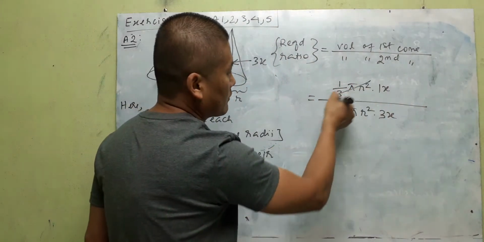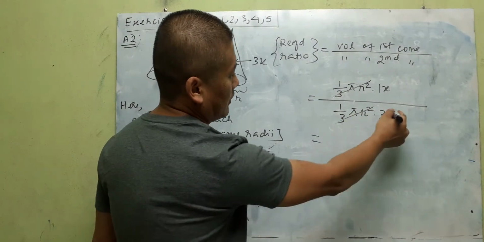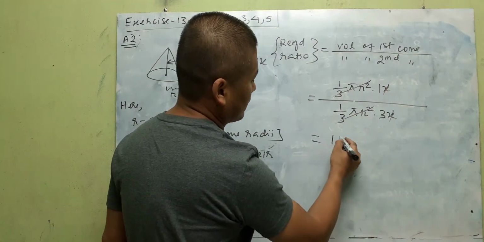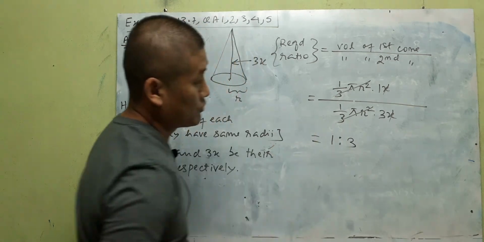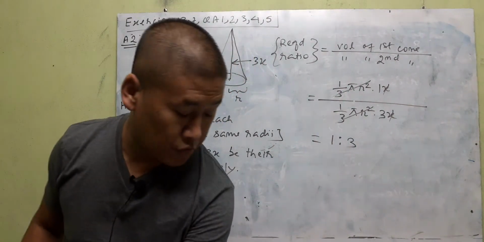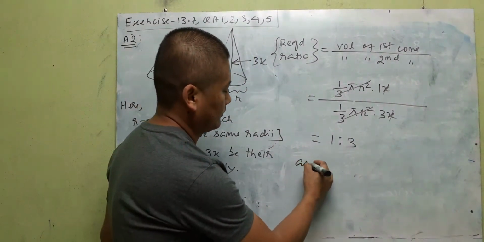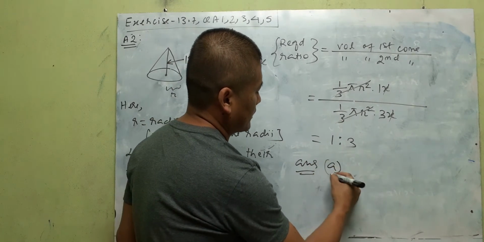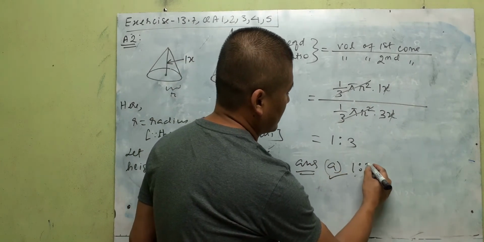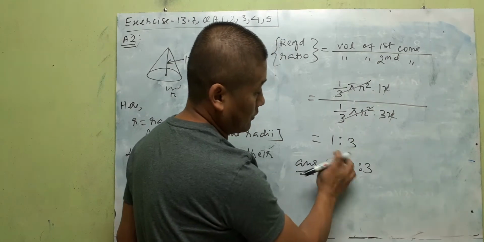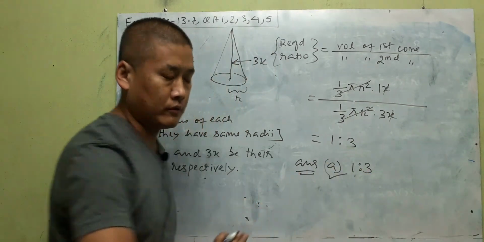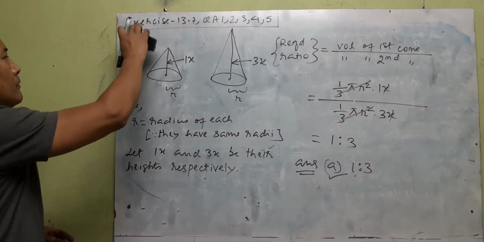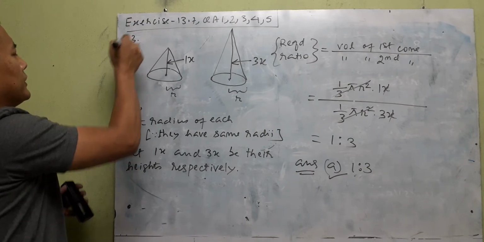So we can cancel 1/3 pi r square, x and x can cancel, so we get 1:3. So our answer choice A is matching, which is given as 1:3. 1 divided by 3 is called 1:3 in ratio language, okay? Then A3, let us say A3.